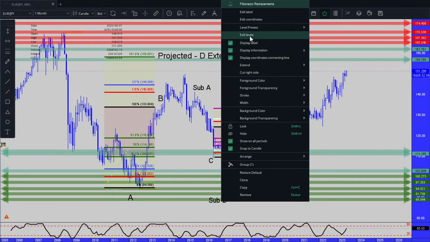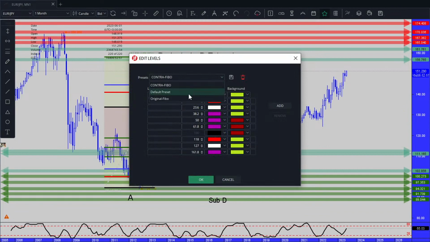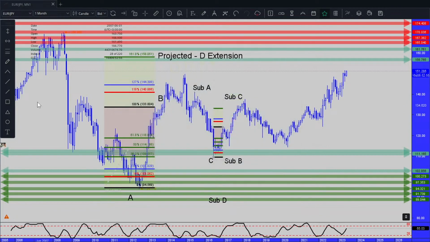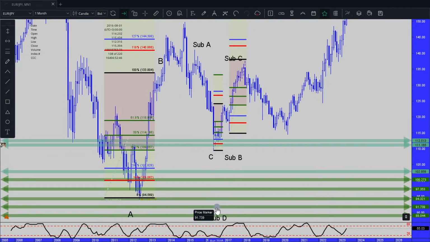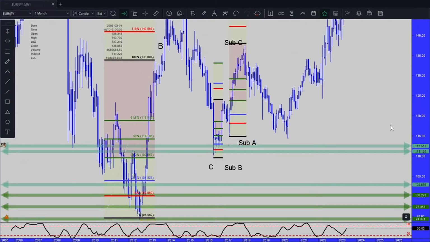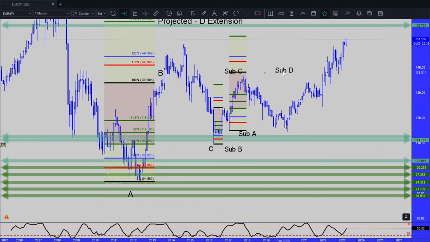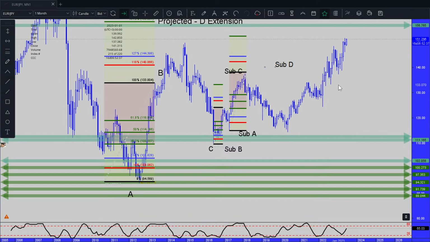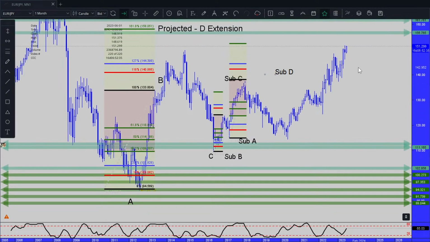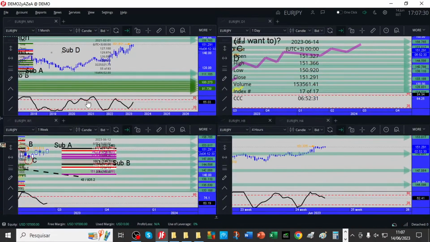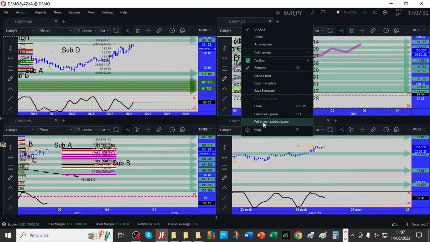It's going to be edit level, same colors, original Fibonacci. Let's do this, everybody. Sub A is in here. Was this lower? Yes, it was. Sub D, sub C. Alright, everybody listen up. Ernesto has a great question.